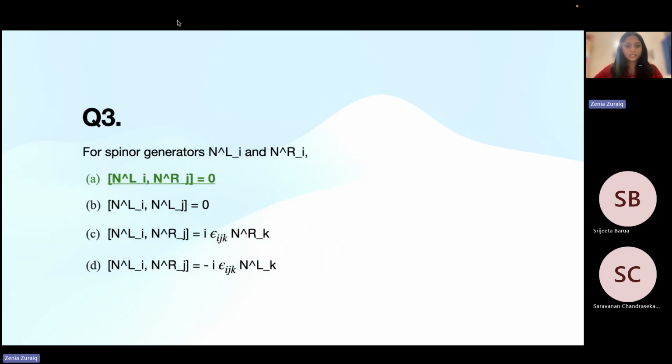Okay, correct. So you saw exactly what a generator means and how you can generate one. If you do the representation in the spinor vector space and then try to reconstruct the generators, this is what you will get.